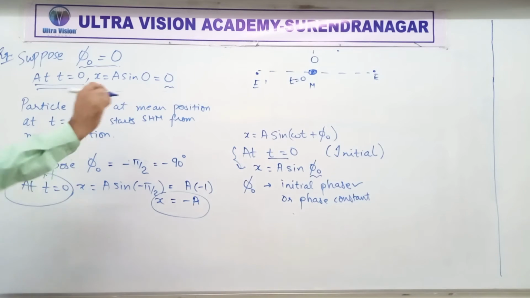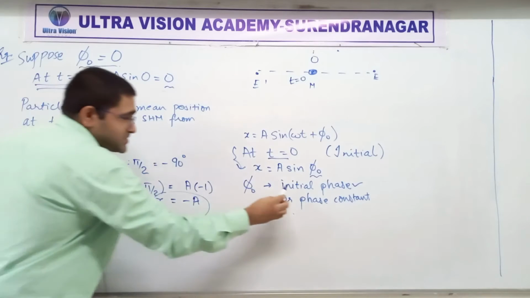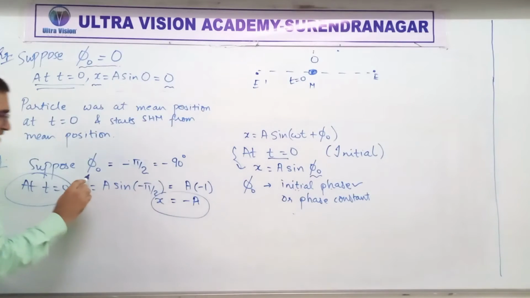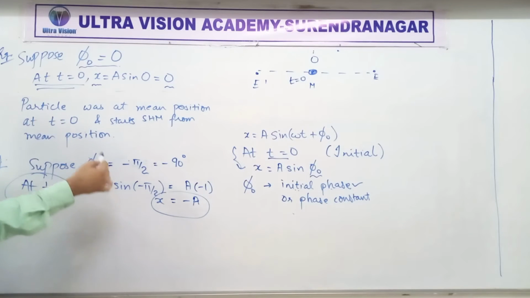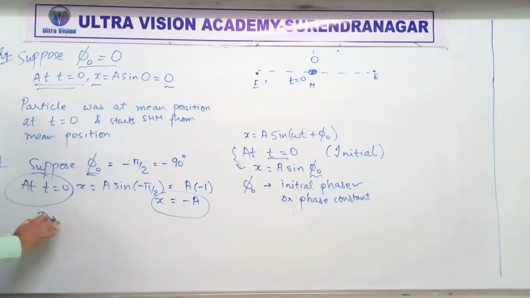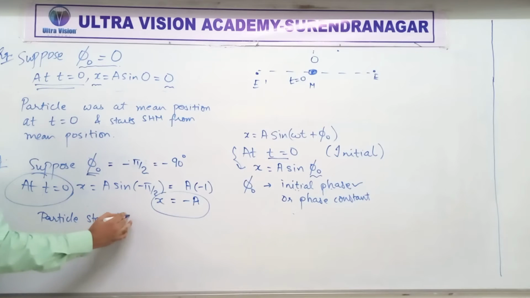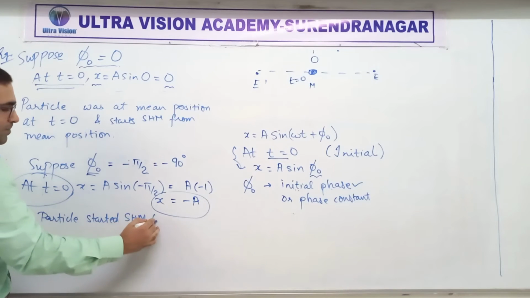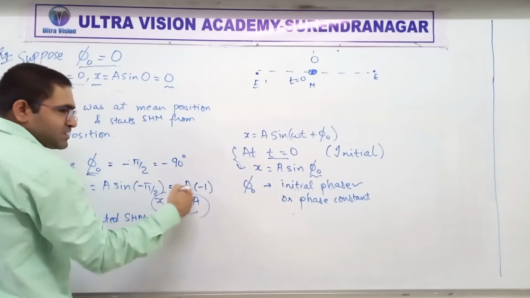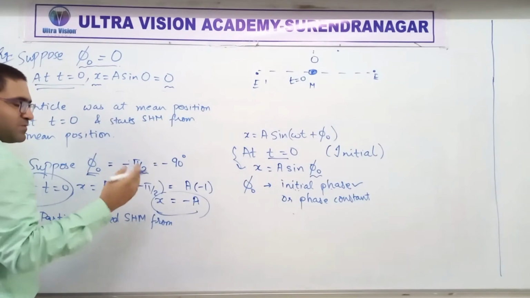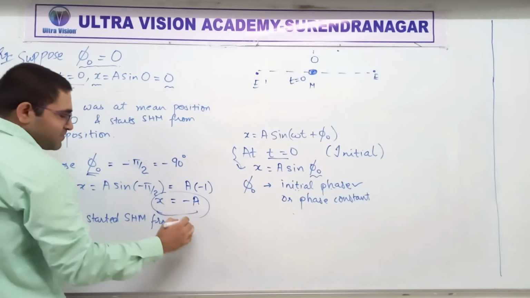So once again, hopefully you realize that this initial phase phi 0 is what decides where the particle starts its SHM from, right? So what this would mean is that the particle started SHM from the extremity, the extreme point. But on which side? From the negative side.